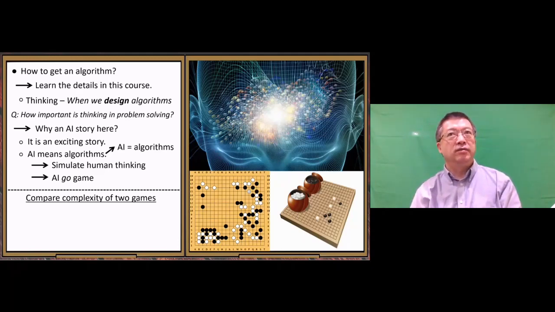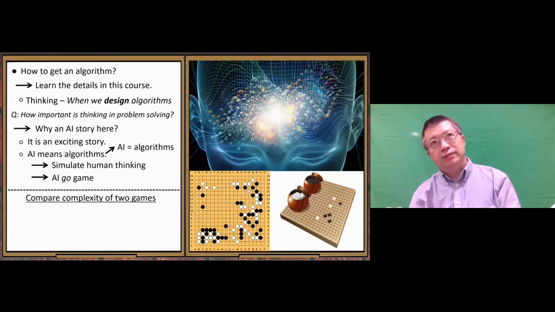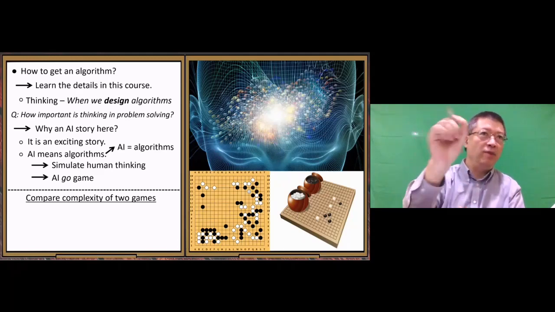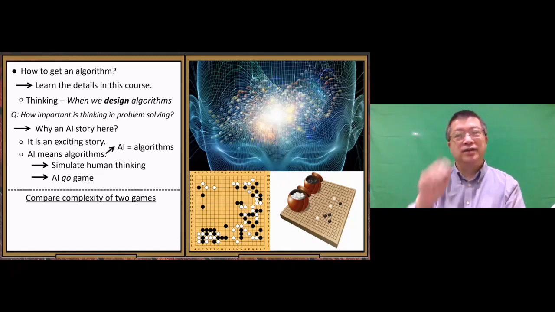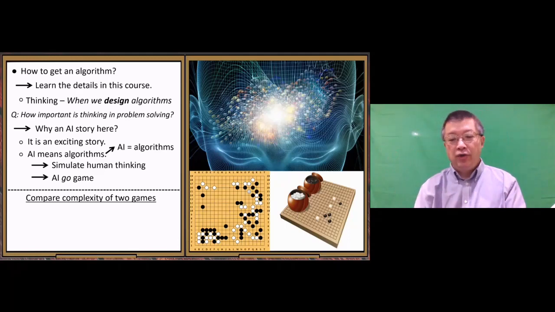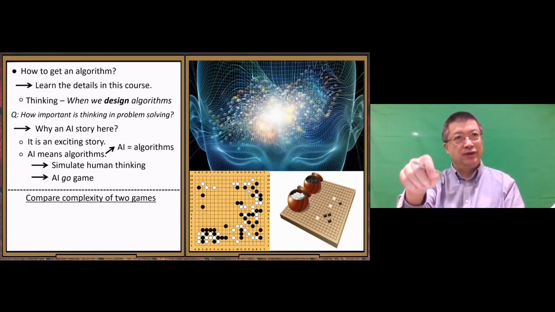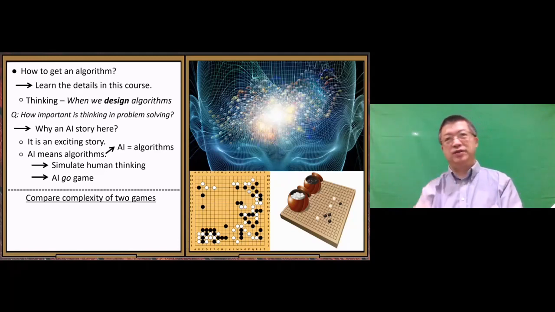The white player is second, and they take turns. Every time, drop one piece on the board. The board is a 19 by 19 grid. So you put the stones on the grid points.